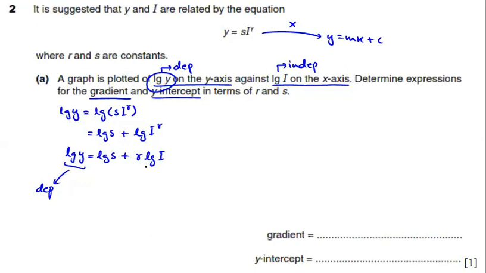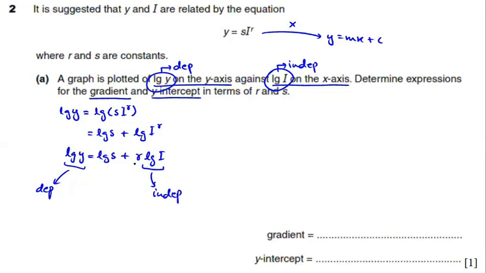Now to determine the expression for gradient and y-intercept, we have to first identify the term that contains independent variable. Independent variable is log of I, and this is the term that contains log of I. So log of I, which is our independent variable, is in this term.